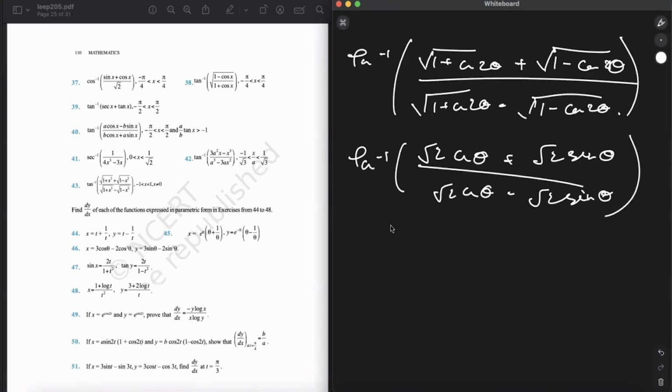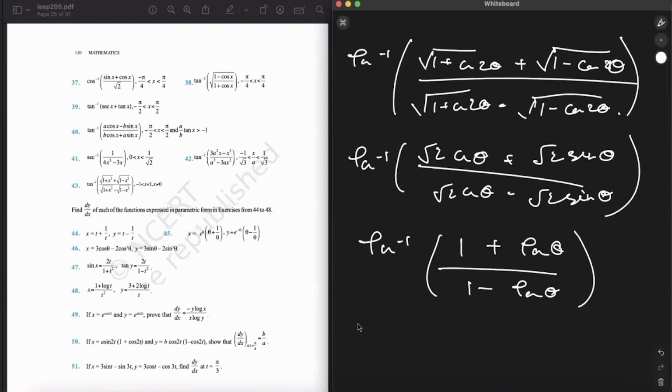Okay. And if I divide the whole thing by under root 2 cos theta, then I'll be left with, simple, pi by 4 plus theta will be my y.